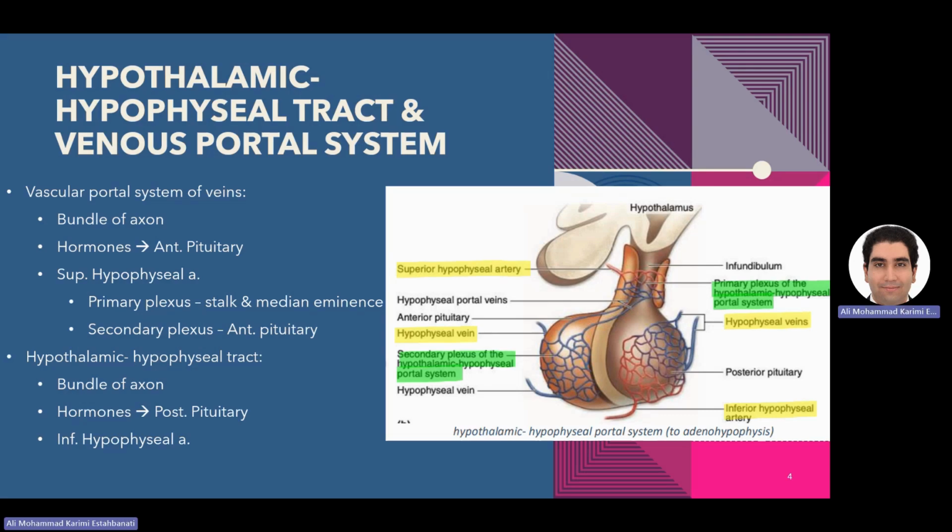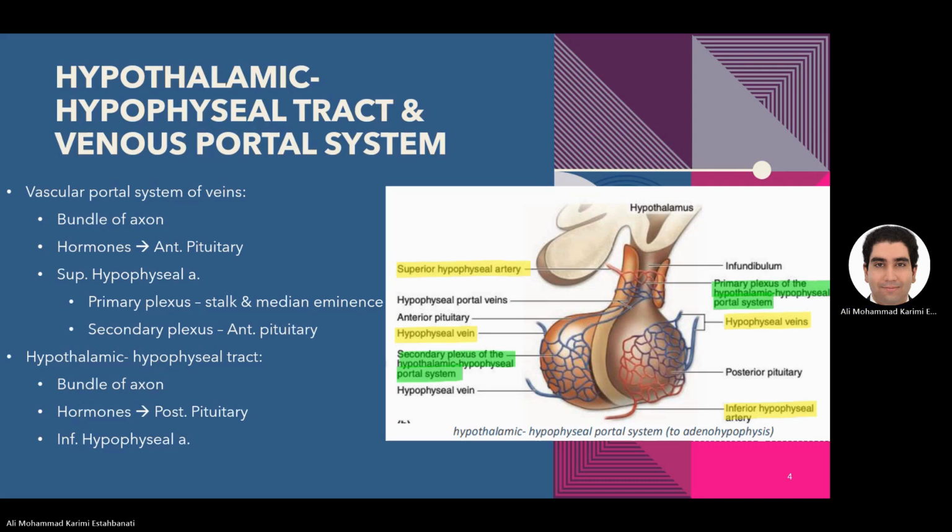The posterior pituitary will have its own arterial supply as well, but it gets it from the inferior hypophyseal artery, and the plexus is formed in that area. And obviously, hypophyseal veins will be there too. And the pathway for the posterior pituitary, again, is a bundle of axons, and it's called the hypothalamic hypophyseal tract.